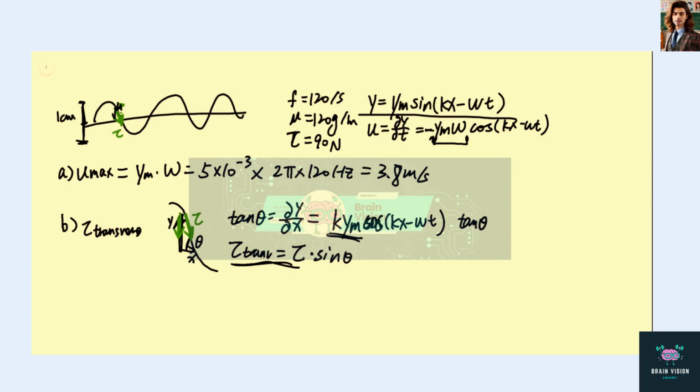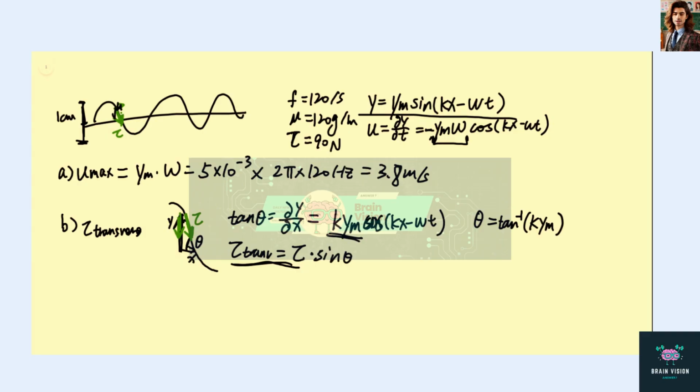Tangent is monotonically increasing, so theta equals inverse tangent of k times ym. So we need to find k first, then we can find theta.